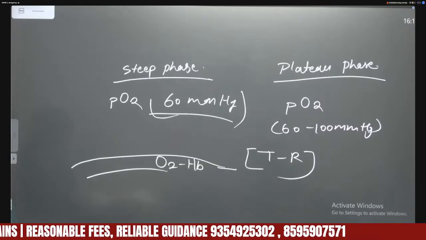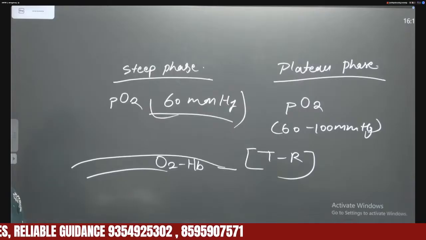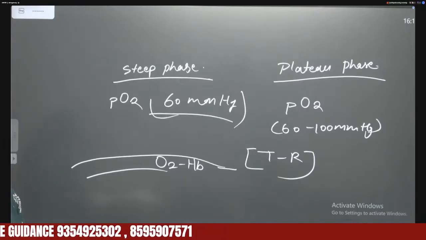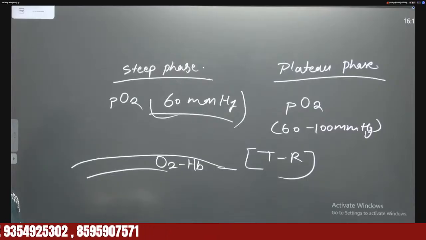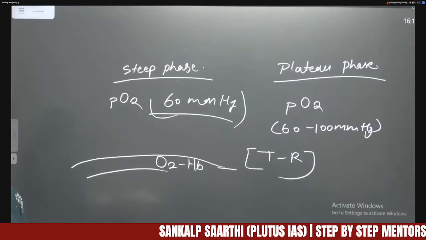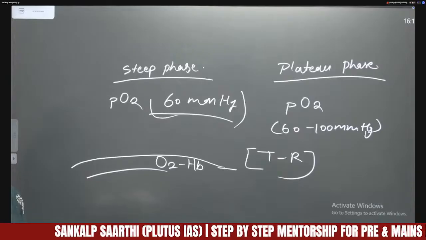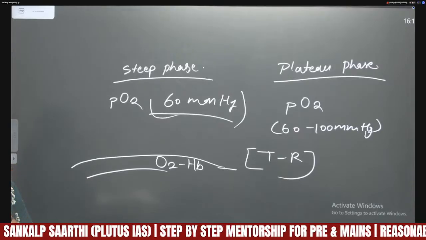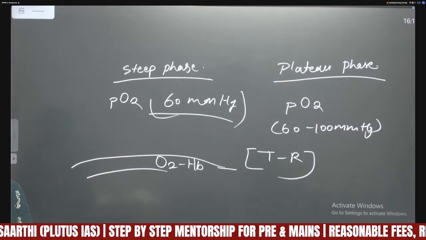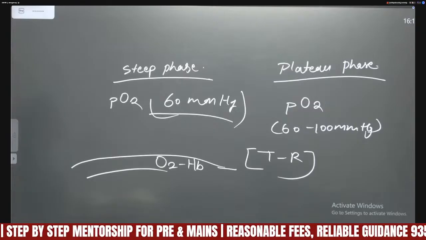Full stop. Next point. The combination of the first heme in the HB molecule with oxygen increases the affinity of the second heme for oxygen, and oxygenation of the second increases for the third.